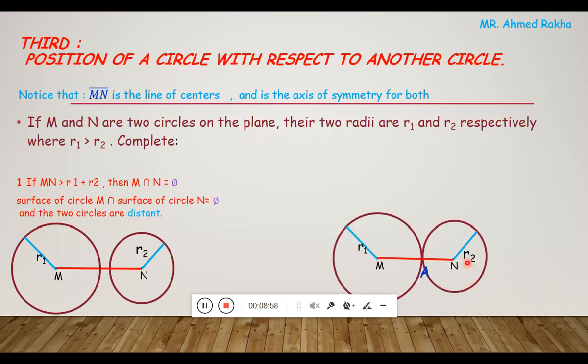In this situation, the circle N becomes closer to the circle M. We can see that they intersect at one point here.